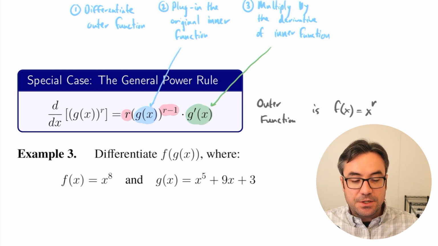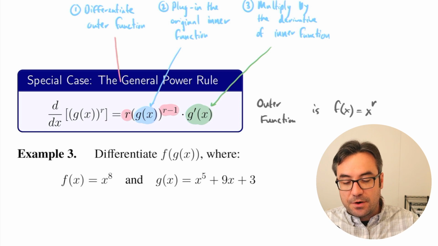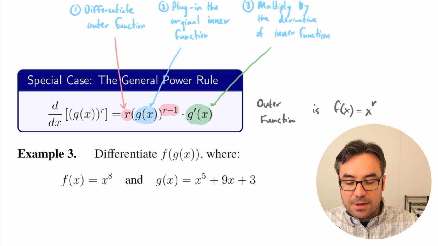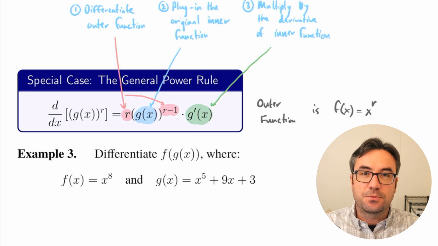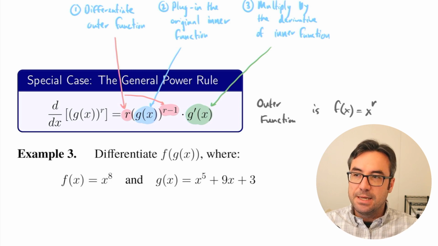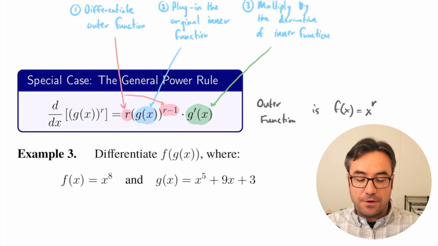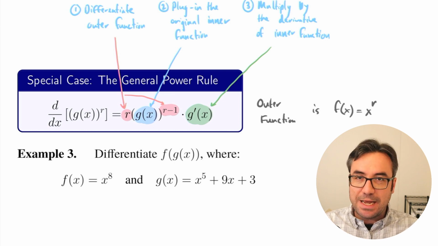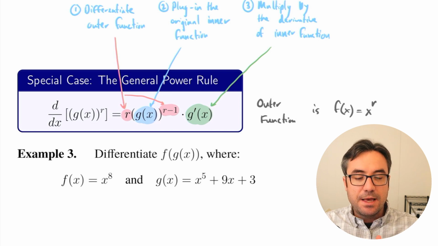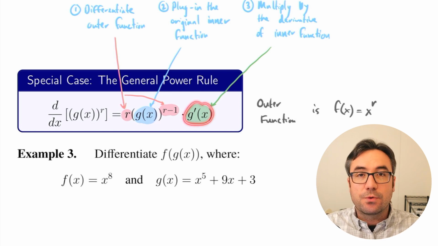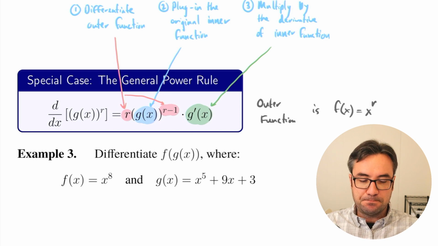We also saw the derivative of our outer function, because we're doing the power rule. So we differentiated the outer power function, kept the original inner function the same, and then multiplied by the derivative of that inner function.